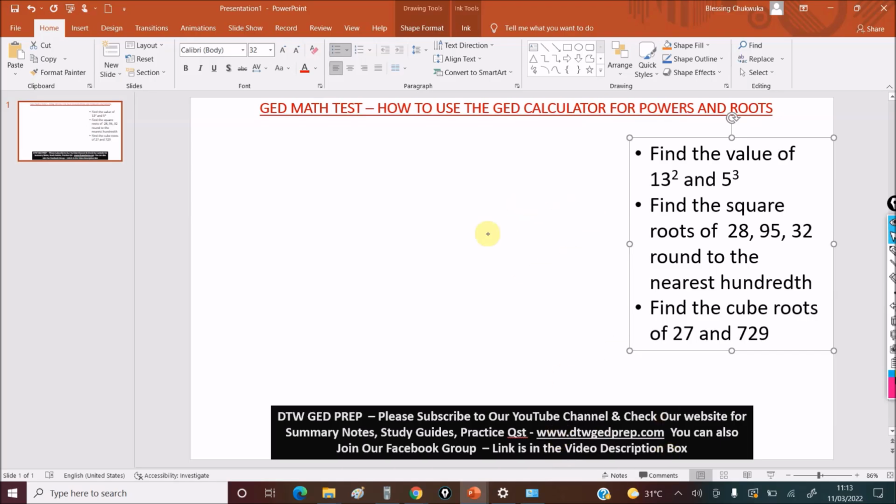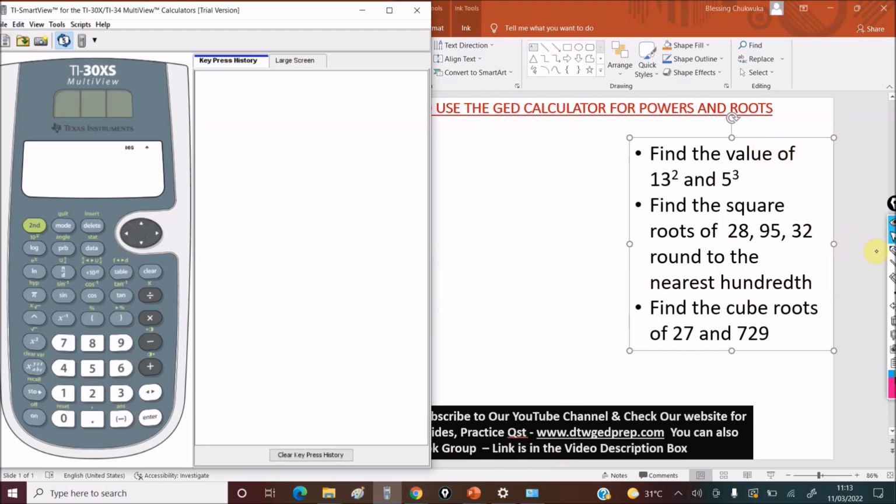All right, so let's get on to the video now by using the calculator to solve these questions. The first one says find the value of, this is for powers. When you have an exponent, when you have a power, how do you perform this on your calculator? The number is 13.